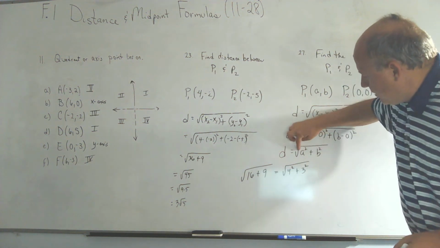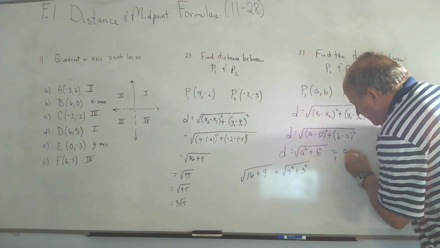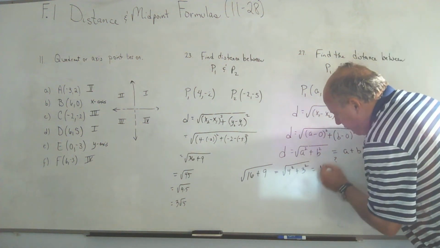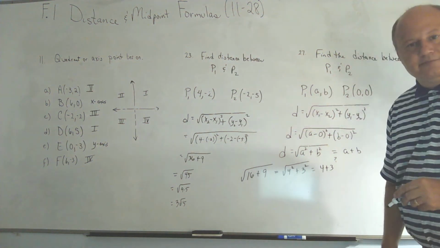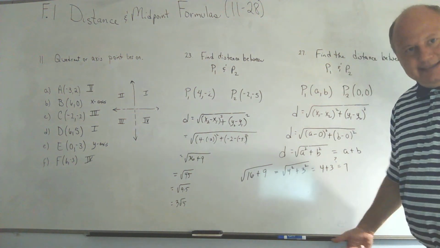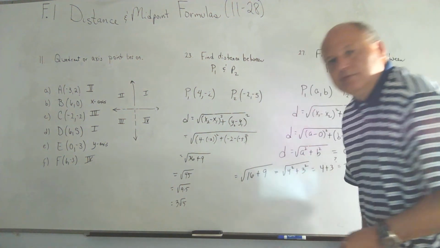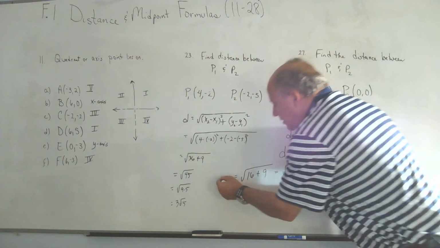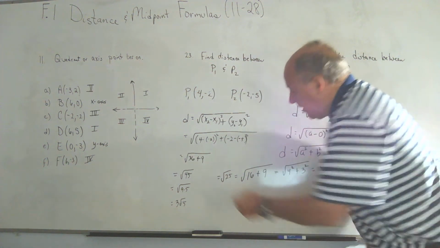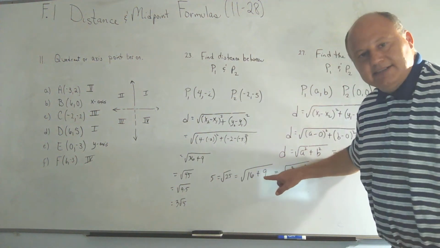If you think the square root of a squared plus b squared is a plus b, then you should agree that this equals 4 plus 3, and that 4 plus 3 is 7. Is the answer 7? Well, what's 16 plus 9? We know that's 25. And the square root of 25 is not 7, it's 5. So 5 equals the square root of 25, and 25 is 16 plus 9.